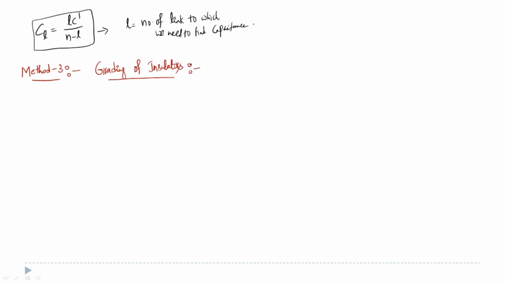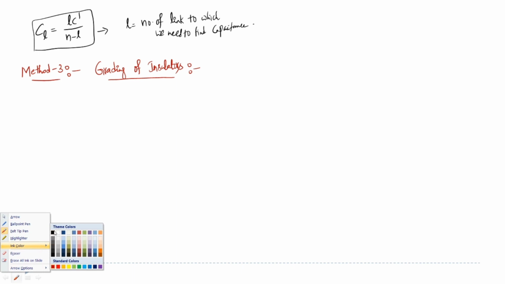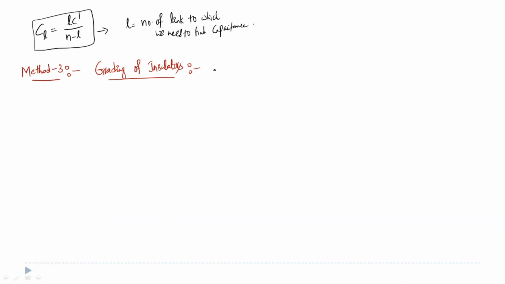Grading of insulators is nothing but, as we are having different voltages across each and every disc in the string, we will use various discs in the same string of suspension type insulators.